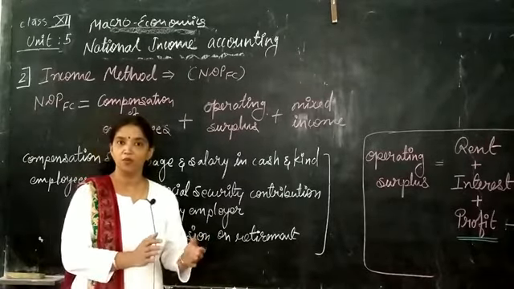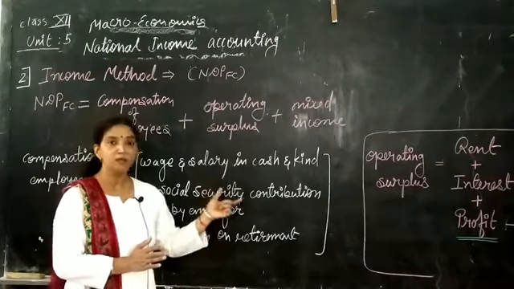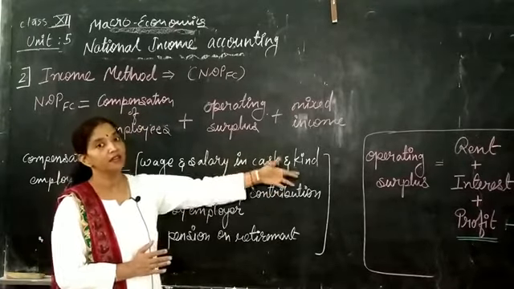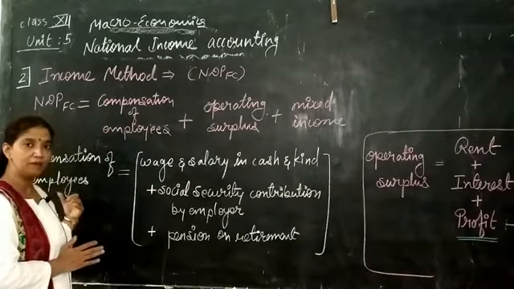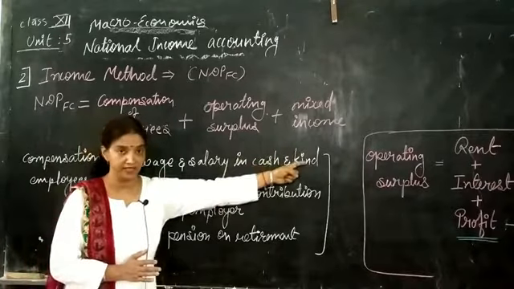Any accommodation or other facilities which are paid not in terms of money but in other forms, that is called salary and wages in kind. So compensation of employees includes wages and salaries in cash and kind.